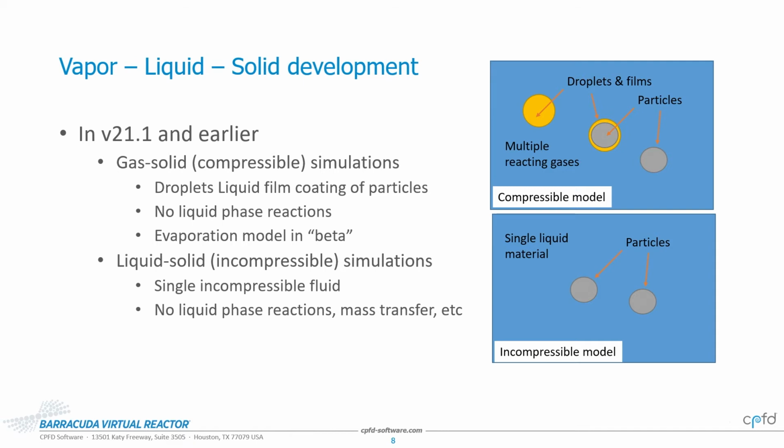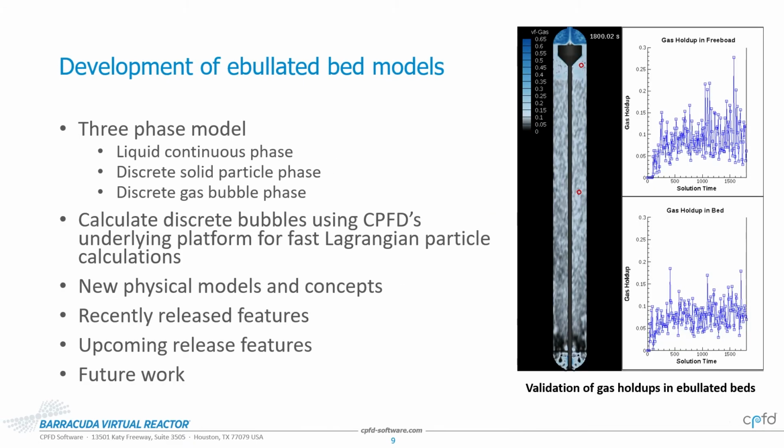Then we started thinking about development for ebullated bed models. An ebullated bed, for those not familiar, is essentially a three-phase system where, at least as modeled within Barracuda, you have a liquid continuous phase, a discrete solid particle phase, and a discrete bubble phase.